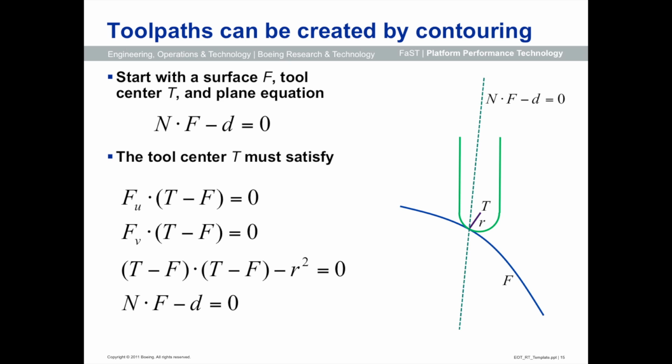And so the tooltip center, which is the center of the sphere of the end mill, is in fact the point that you typically need to program to a machine tool. You need to describe that path to the machine tool. So we need a mathematical representation of that path in order to do machining.